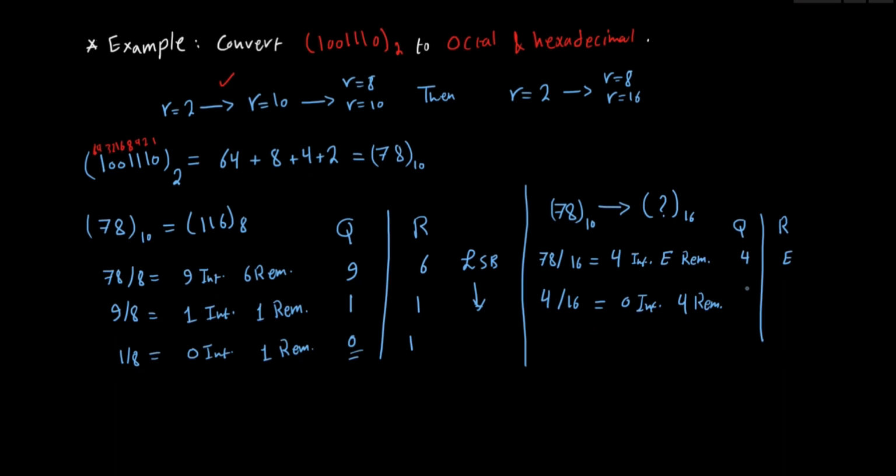So here we have 0 in the quotient column, 4 in the remainder column. We have reached 0, so we stop. LSB is E. So 78 decimal is equivalent to 4E in the hexadecimal system. That means we are done with the generic approach.